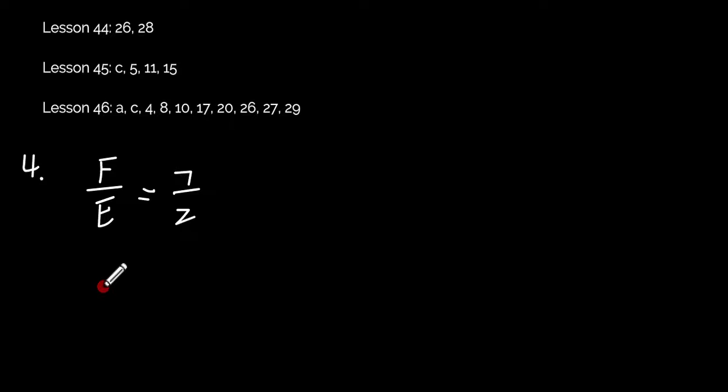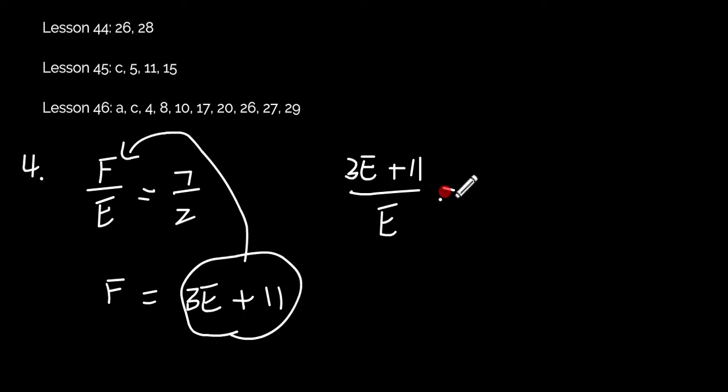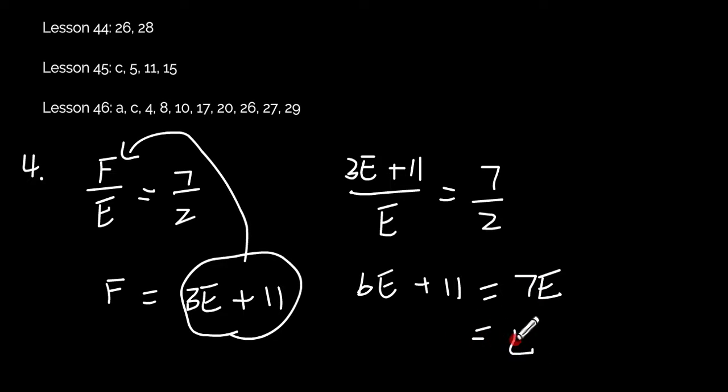And then it says that the number of fairies was 11 greater than 3 times the number of elves. So we're just going to take this and put it where the F is. And so we're going to get 3e plus 11 over e equals 7 over 2. Cross multiply, we get 6e plus 22 equals 7e. Subtract 6e from both sides.